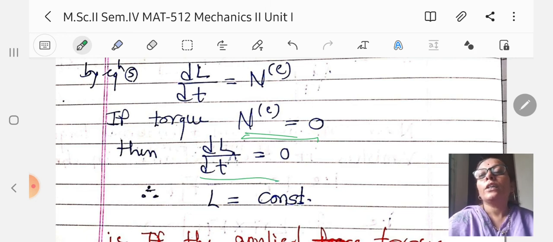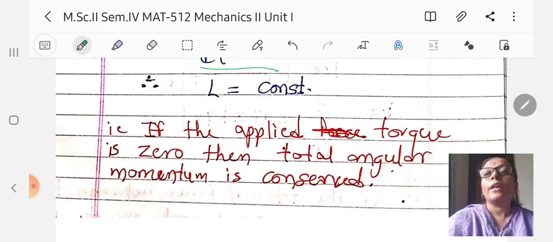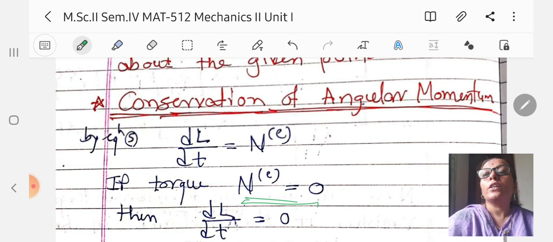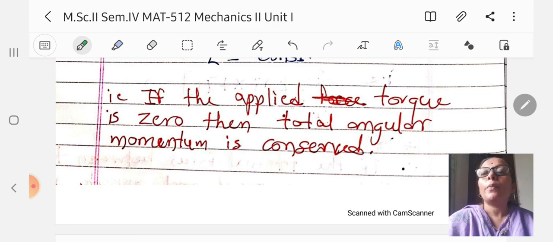Integrating this equation with respect to t, the derivative and integration cancel, and we get L equal to a constant. Therefore we have conservation of angular momentum: if the applied torque is 0, then the total angular momentum is conserved.